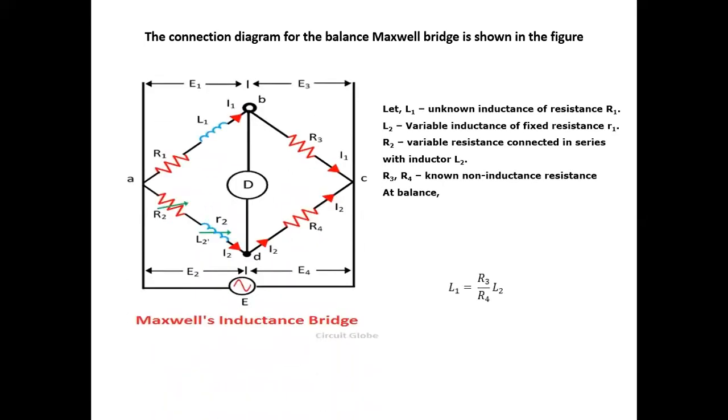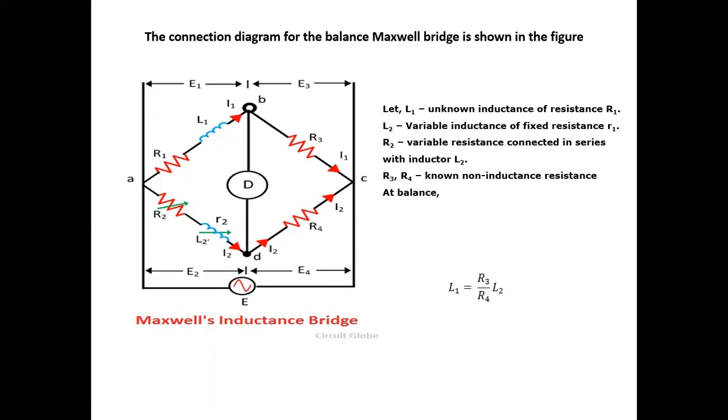This is the circuit diagram of the Maxwell inductance bridge. In that, there are also four arms. The source is connected between points A and C, and the detector is connected between the other two points, B and D. In arm 1, one coil is placed having resistance R1 and inductance L1.